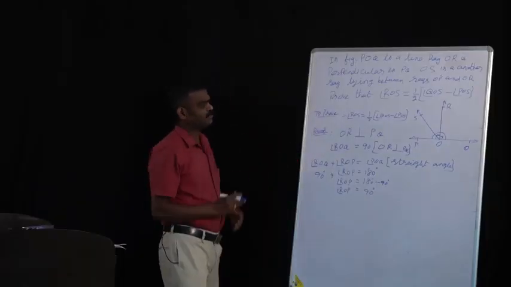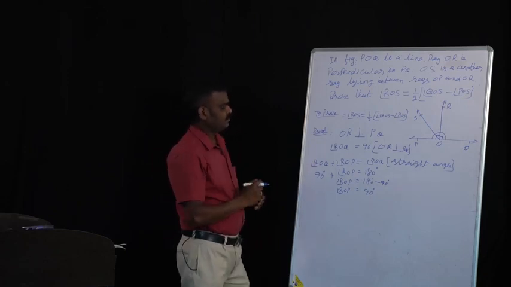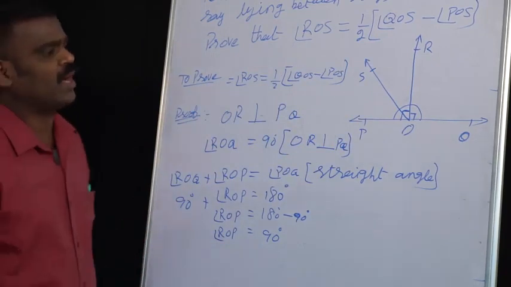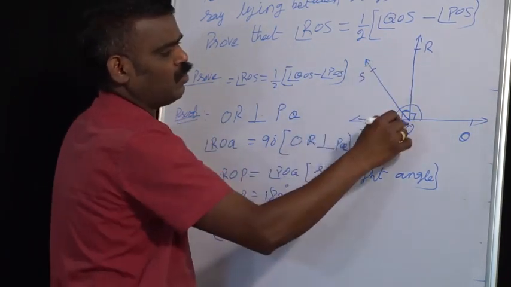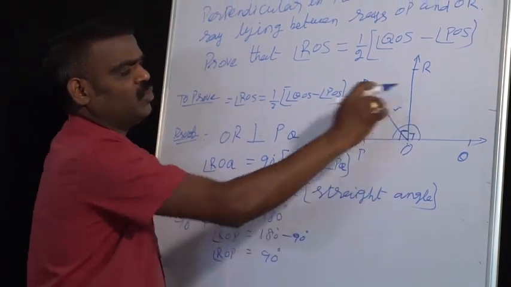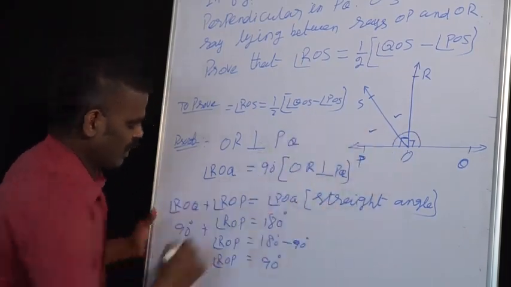Okay. Now angle ROP has two angles. Have you seen? One is this angle, another one is this angle.